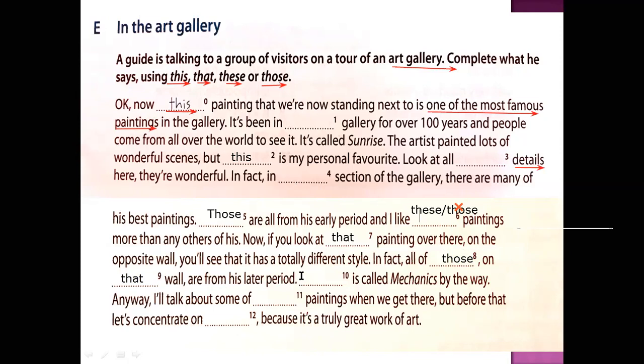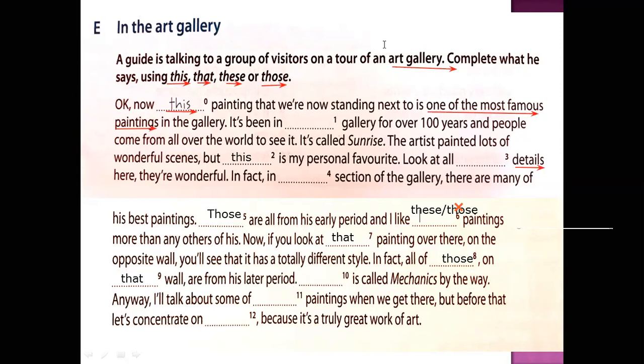Why is it suddenly "these" when you were saying "those" and then you suddenly bring up "this"?